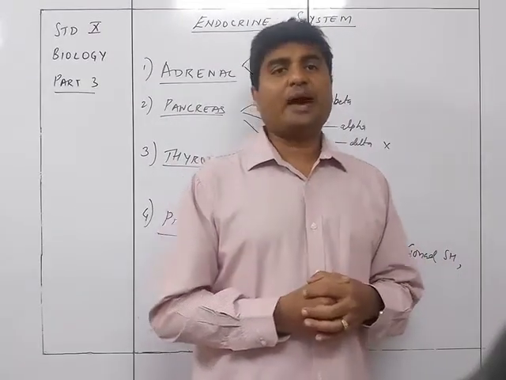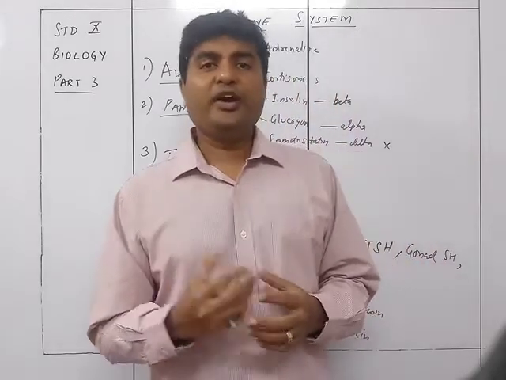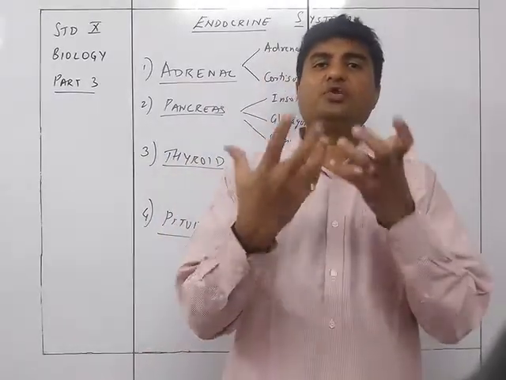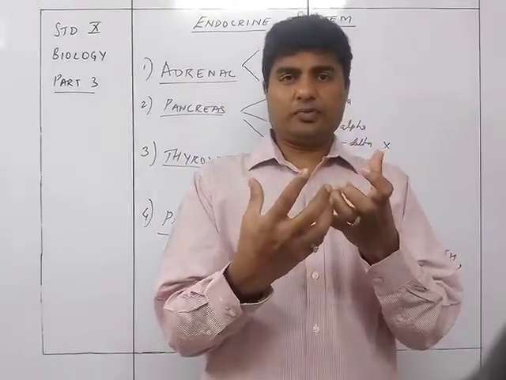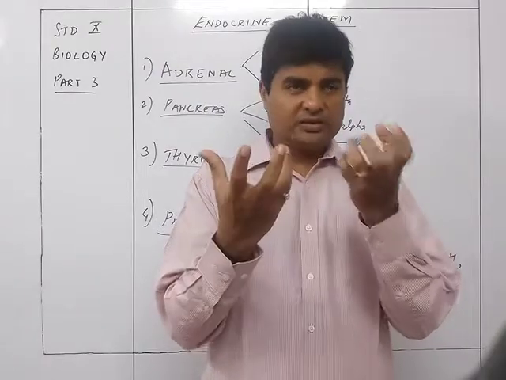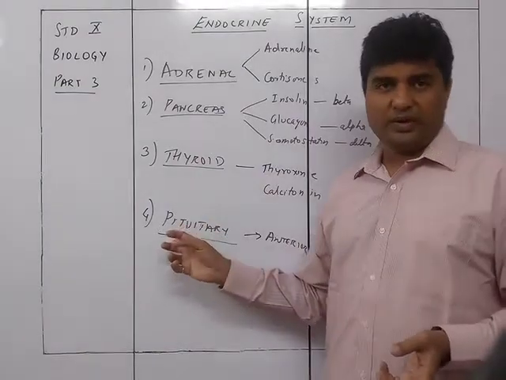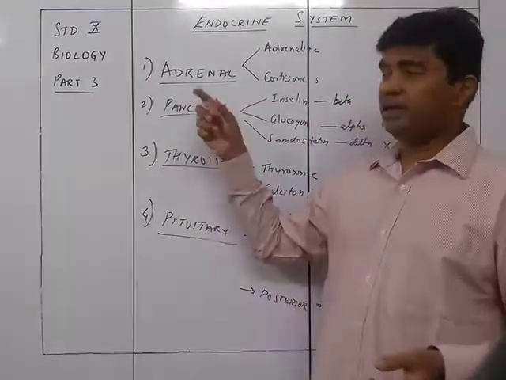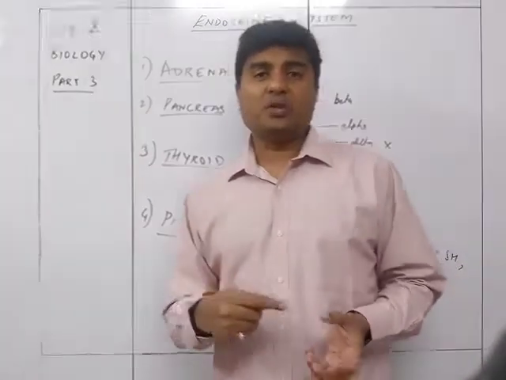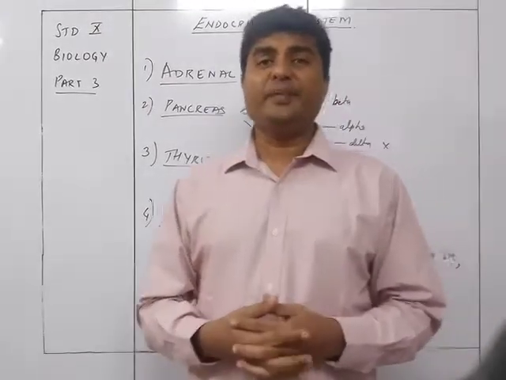It is done with the help of a feedback mechanism. The body understands certain levels, and accordingly it stimulates the pituitary, and the pituitary stimulates the required gland. That is called a negative feedback mechanism.